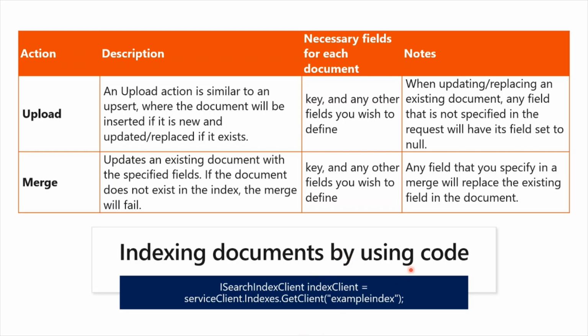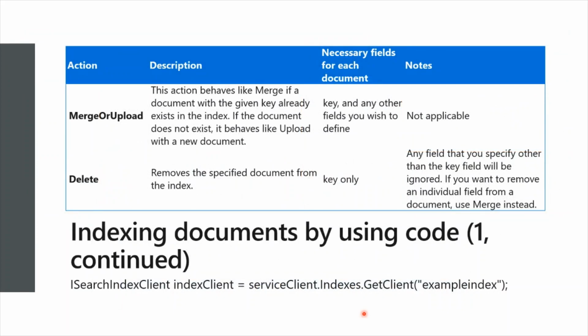So you see here is the search index client: index client equals search service client dot indexes dot get client, with the name of the example index.